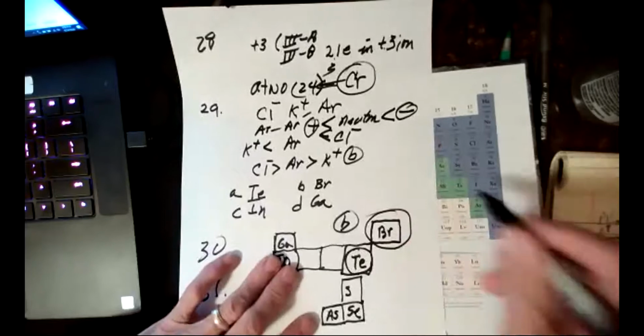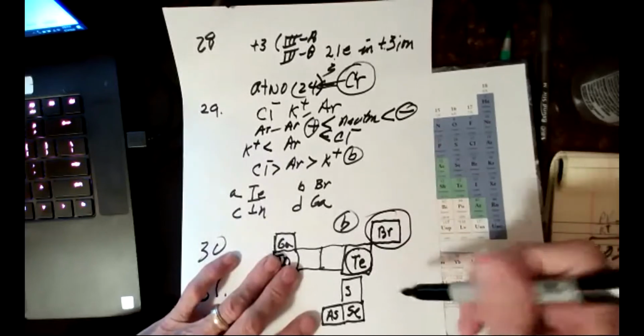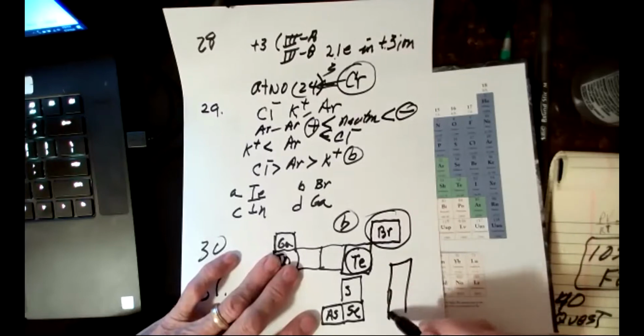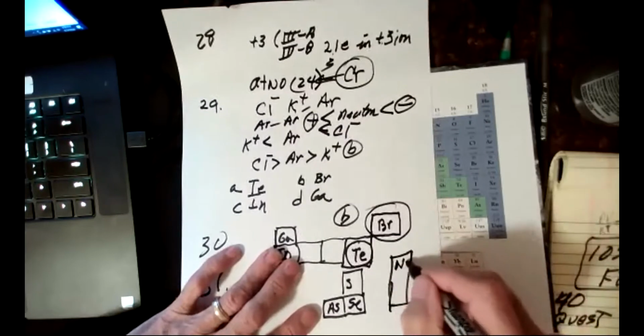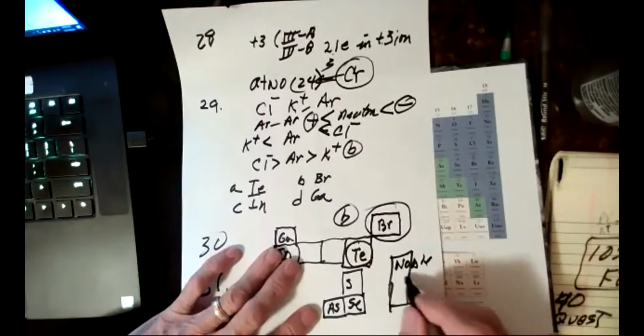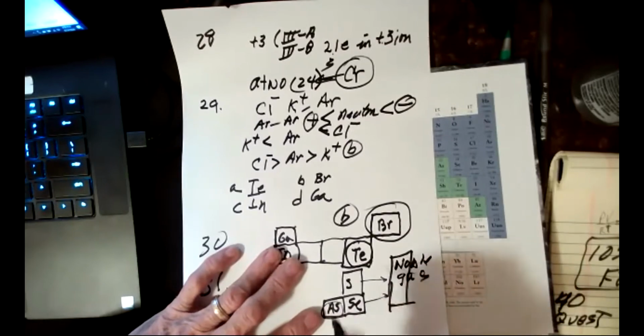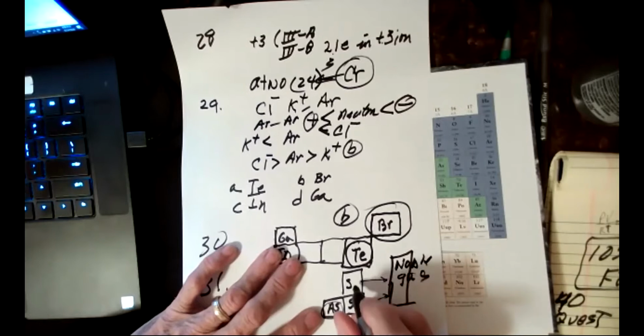Now, I want you to remember the quick and dirty way for electronegativity. Here are the noble gases over here. These two are closer to their noble gas than arsenic is, so these two are going to be more electronegative than arsenic.